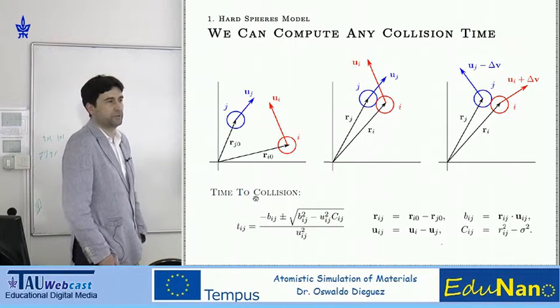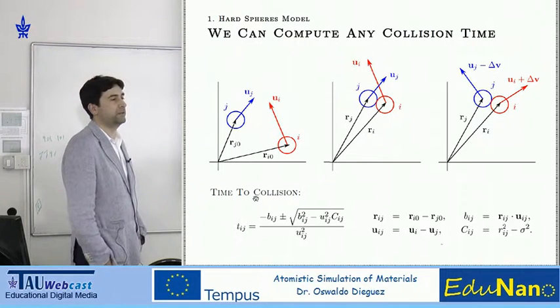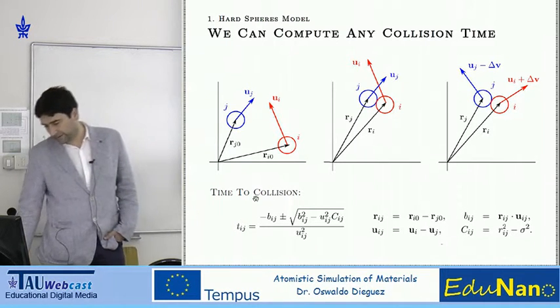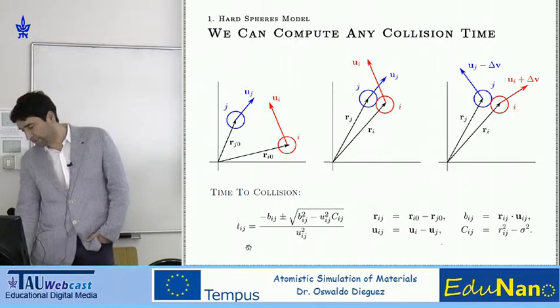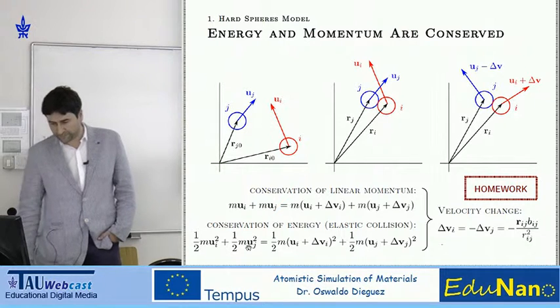They might be going in totally opposite directions and they will not collide. So in that case, you will get a t_ij that doesn't make sense. But if they do collide, you'll find the t_ij. So far, this is quite simple.